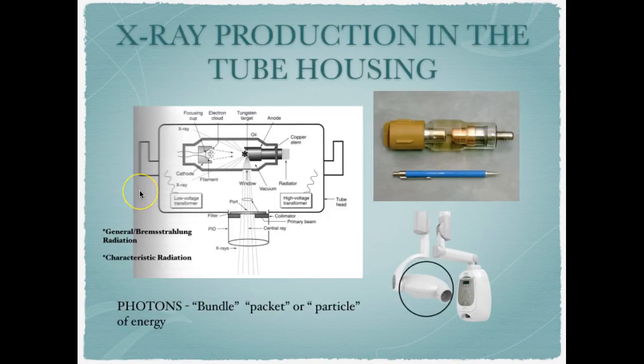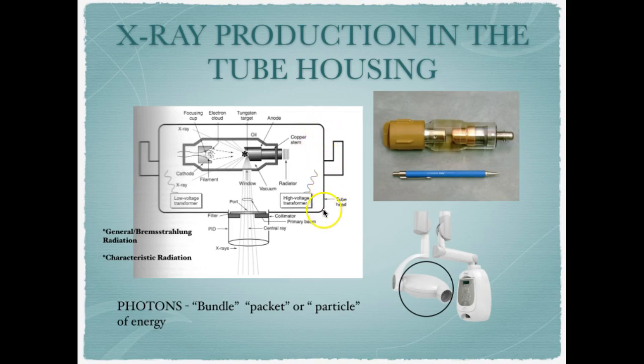Here is a diagram that you can find on the internet, you can find in your radiography textbooks, and it is a diagram of the X-ray tube housing, and inside is the vacuum tube. So, in the production of X-rays within the tube housing, first of all, the vacuum tube is surrounded by oil that helps to balance the heat that is going to be generated from this electrical source.